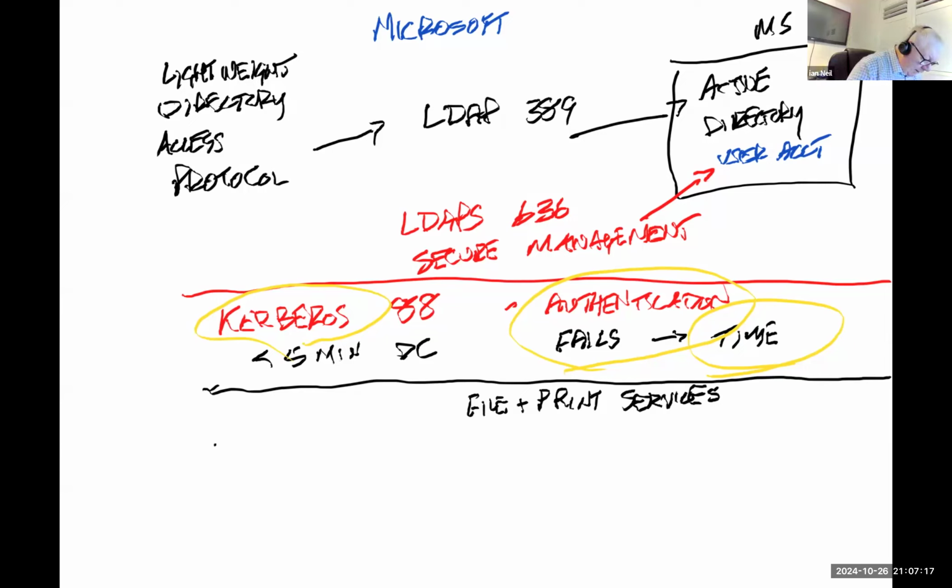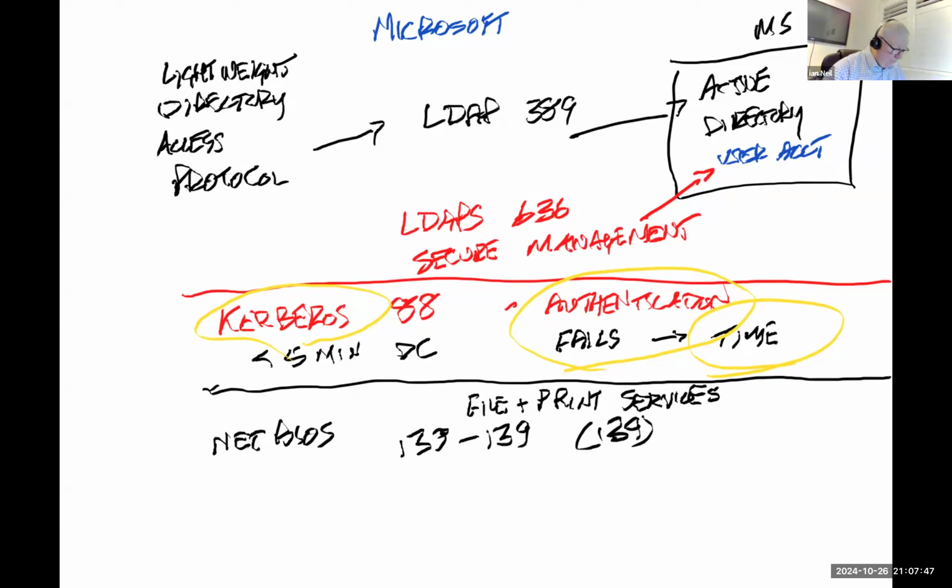Now, NetBIOS is the legacy version. And he uses ports 137 to 139. I think in 701 he's using 139, where 601, 501, he was using 137.